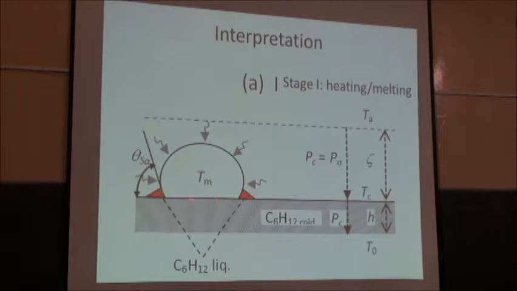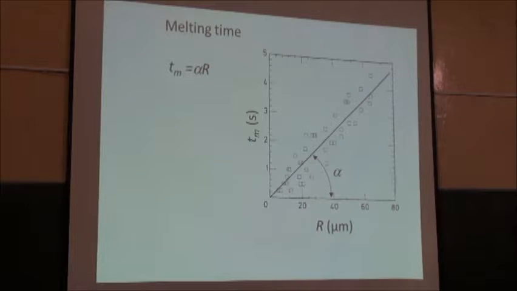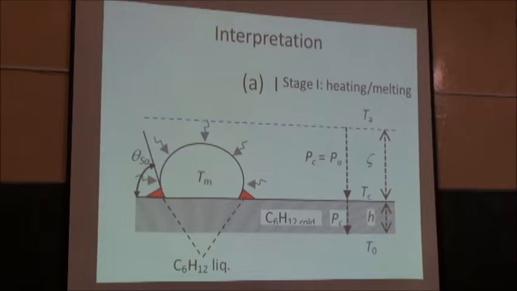And when it reaches Tm, it can melt the layer below. And what happens when it is melted? The drop is not pinned anymore, and so it spreads and moves. So that's first to understand this motion.